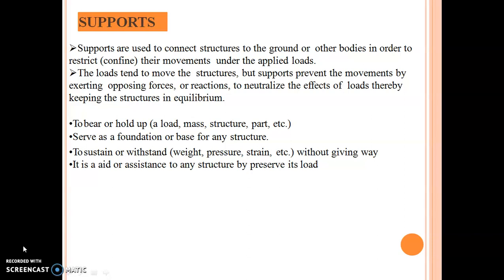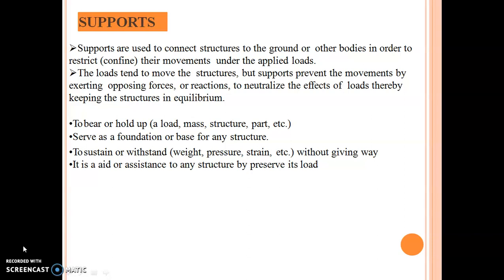So the main purpose of a support is to bear or hold the load of a body or a structure, and it also serves as a foundation or a base of any structure. It is an intermediate element between the ground and the structural member.